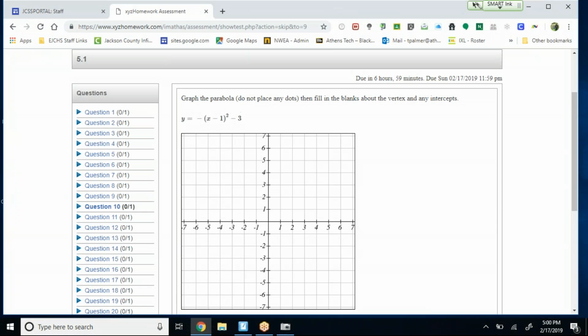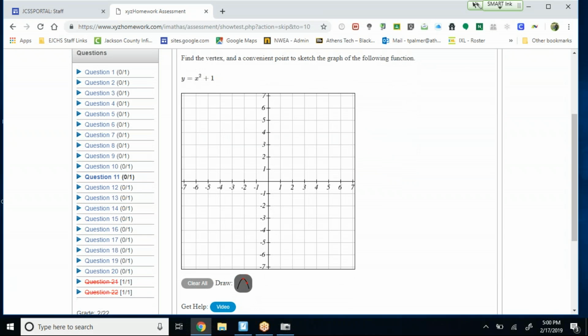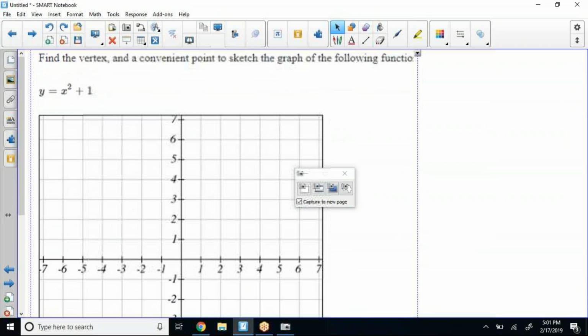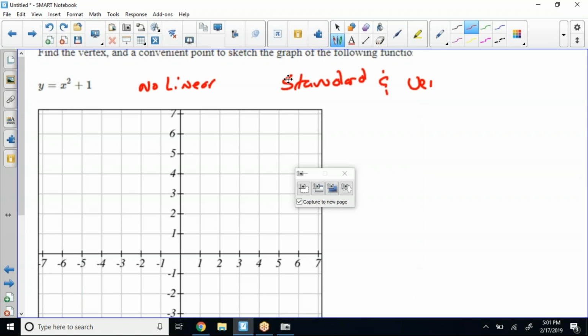Number 11, I'm having trouble with. Oh yeah. All right. We talked about this in class. It said find the vertex and then graph it at a convenient point. So what it's doing is a graph of a parabola with 2 points. There's no linear term, so it is both in standard and vertex form.